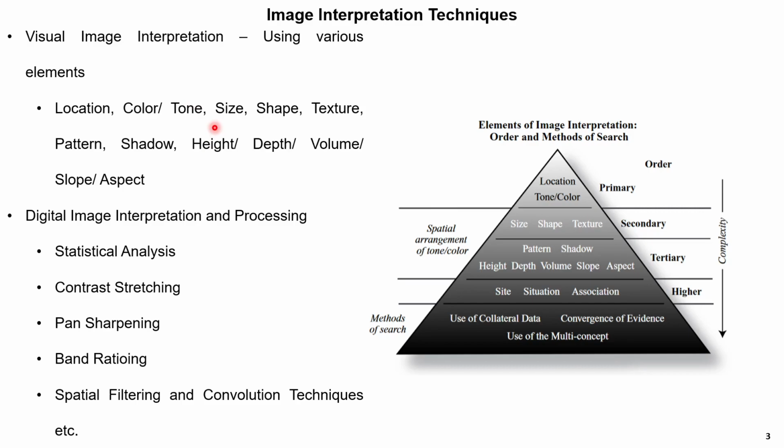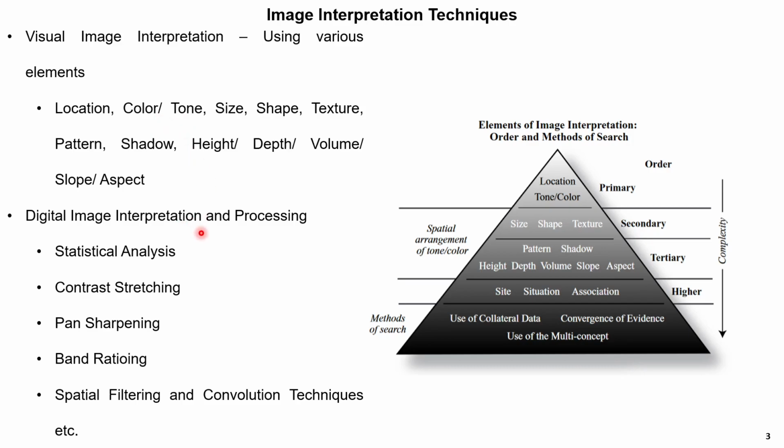When we say just by looking at the image in your system, we can decipher some of the things like location, color or tone, then size of the features, then the shape of some of the features, then is there any pattern in which they are arranged, or is there any texture in the image, then how we can make use of the shadow to visualize some of the things, then making use of height, depth, then volume, then we have slope and aspect. These are some of the elements for visual image interpretation.